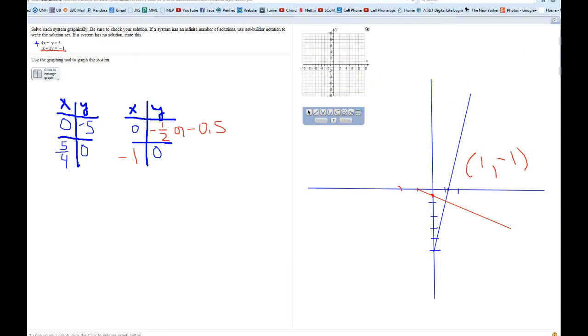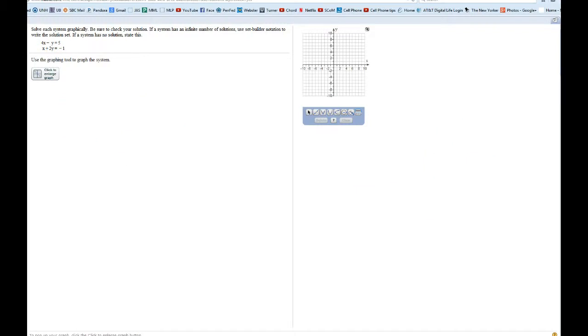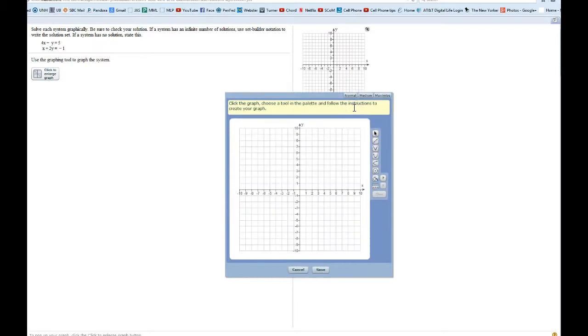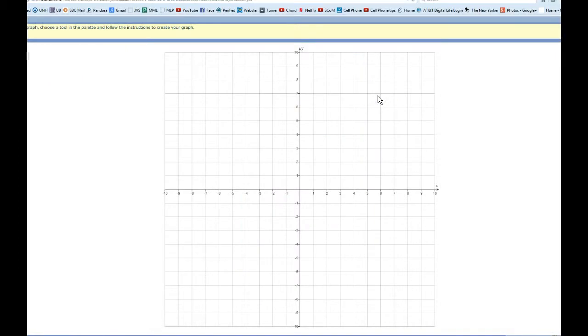Now I'm going to clear this and see if I can then do it using this graph here, remembering those same points. So I'm going to make that big, and I'm going to make it bigger still and bigger still. Ooh, that is really big. In fact, that's too big.